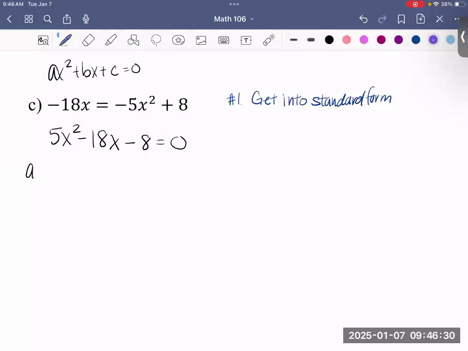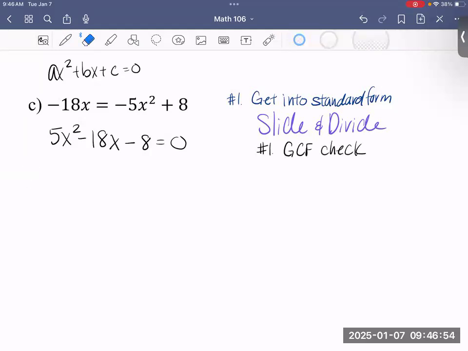I'm going to label this as slide and divide. If you are a forgetful person, do not do this method. It is so not worth it if you are very, very forgetful. So slide and divide just says, okay, step 1, check for GCF. Unfortunately, we do not have a GCF.